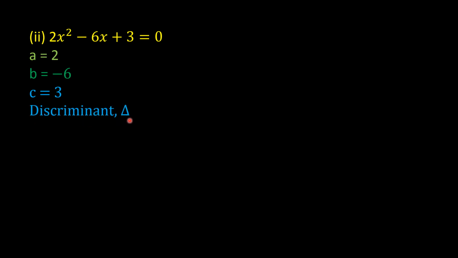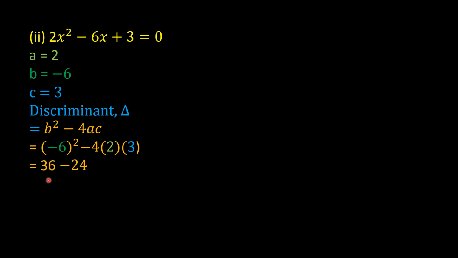Number 2, 2x squared minus 6x plus 3 equals 0. We have a equals 2, b equals minus 6, c equals 3. Discriminant delta, which is b squared minus 4ac. We will substitute the values. b is minus 6, a is 2, and c is 3.